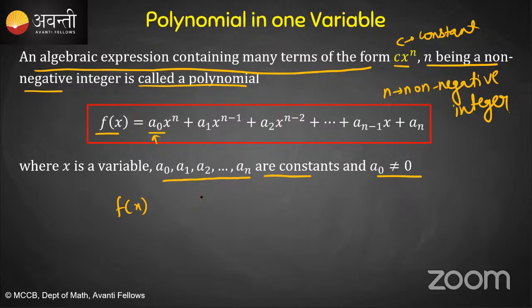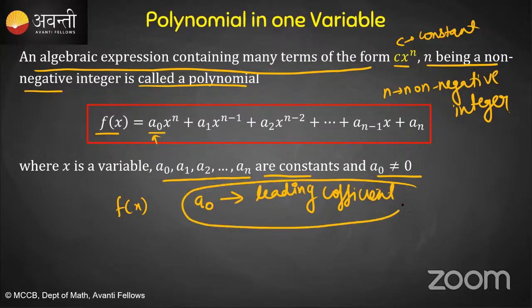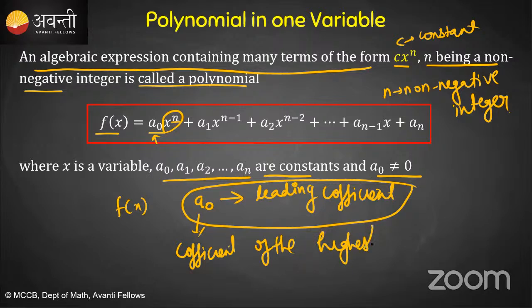One thing you should remember here is that a naught is the leading coefficient. We will talk about this later, but for now understand what the leading coefficient is. The leading coefficient is nothing but the coefficient of the highest power of x in the polynomial.